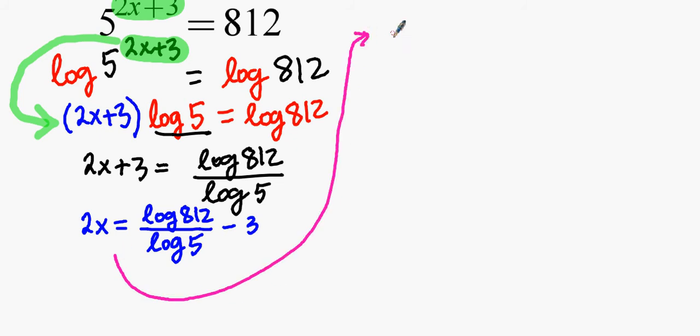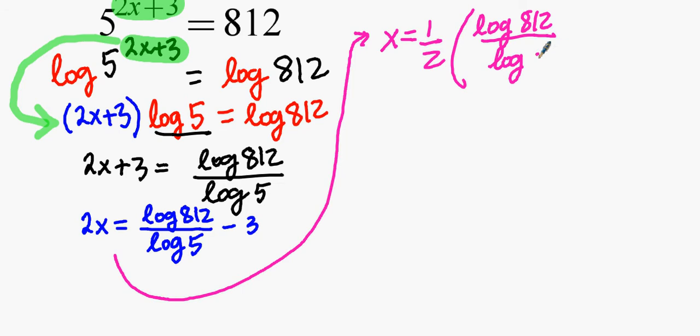I will write x equals, and then 1/2 times everything that's to the right. So log 812 divided by log 5 minus 3, and I'm going to write 3 as a fraction, 3 over 1, so it's easier for you to see what I'm doing. So x will equal 1/2 times all that.